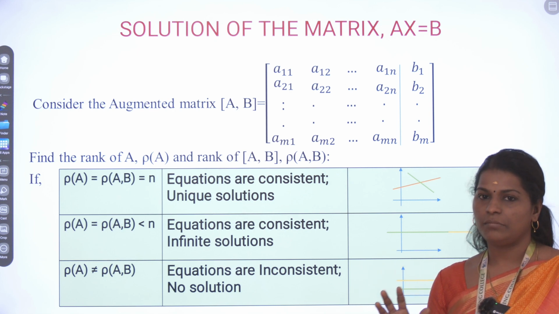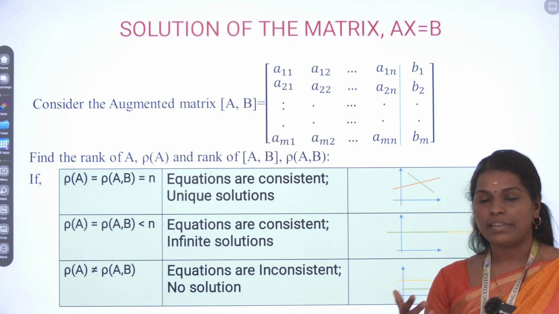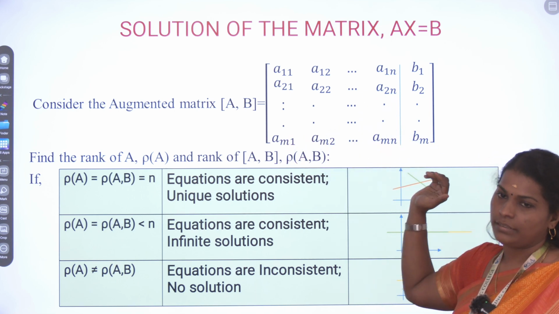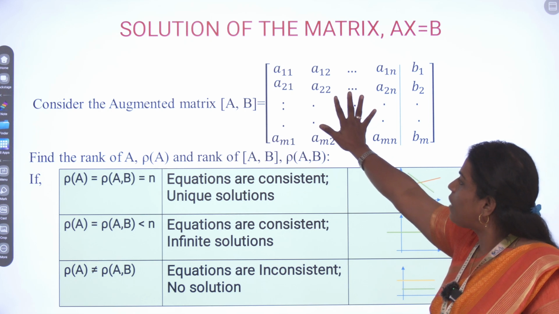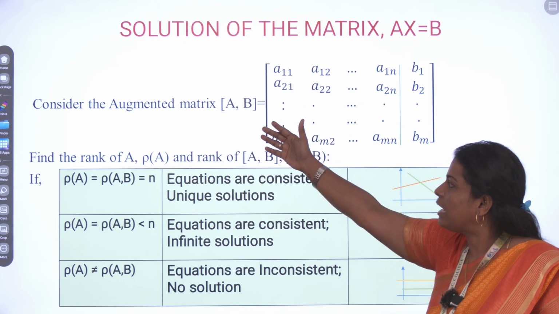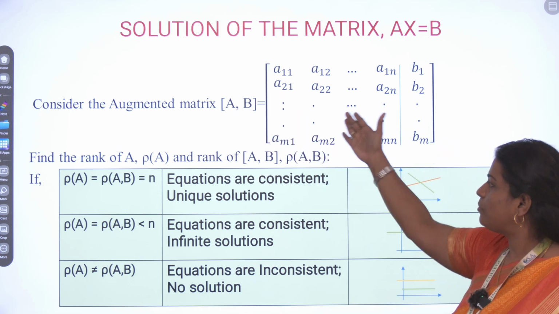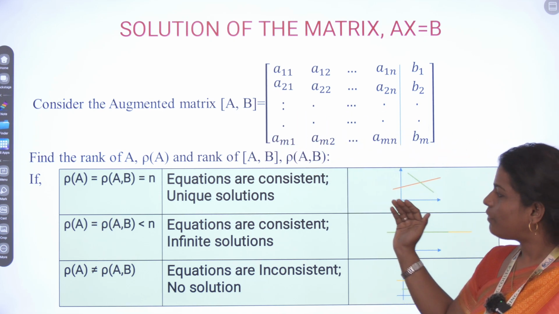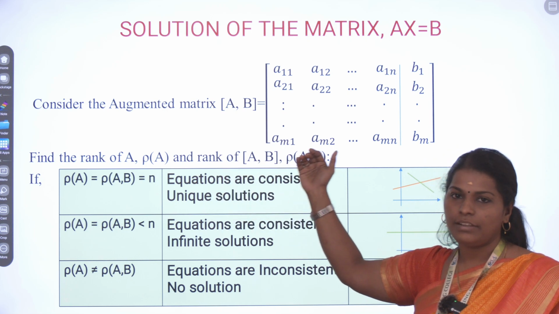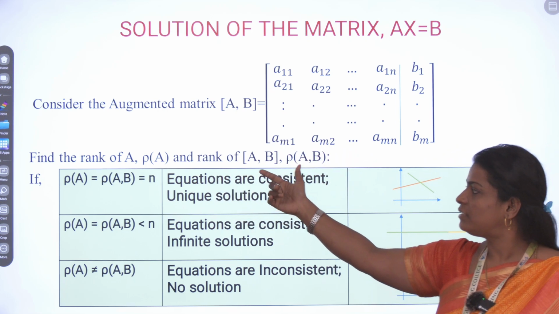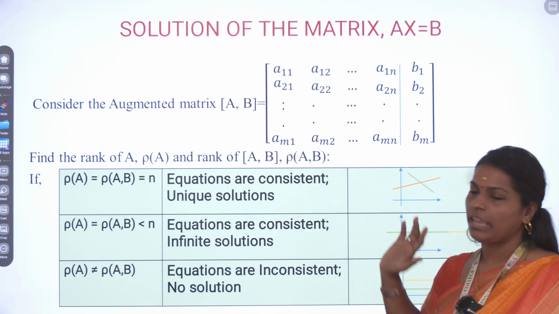Augmented matrix is nothing but an enlarged matrix, enlarging the actual matrix A by combining another matrix B with it. So this set of values belongs to the matrix A and these values belong to the matrix B. So, the augmented matrix AB. We find the rank of the matrix A and then we find the rank of the matrix AB. Rank is represented as rho of A and rho of AB.